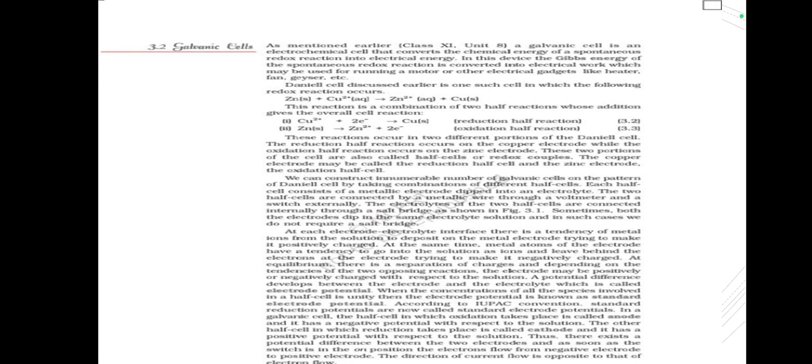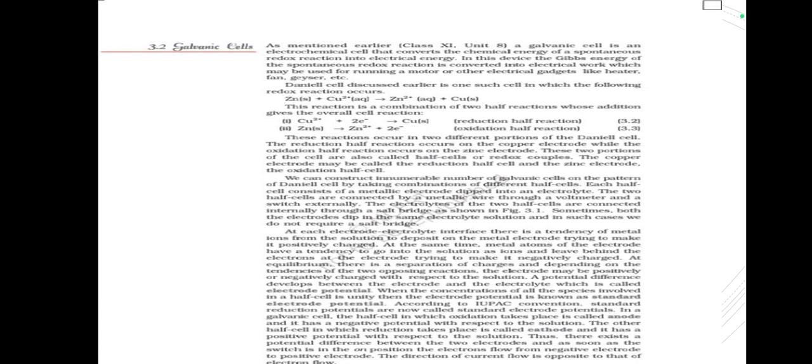At each electrode-electrolyte interface there is a tendency of metal ions from the solution to deposit on the metal electrode, trying to make it positively charged. At the same time, metal atoms of the electrode have a tendency to go into the solution as ions and leave behind the electrons at the electrode, trying to make it negatively charged.